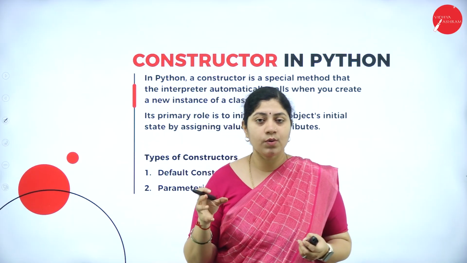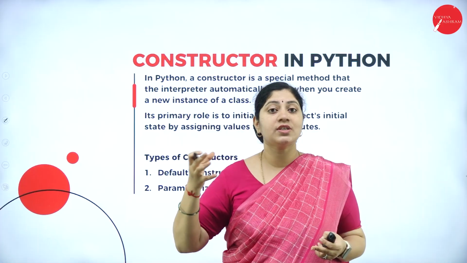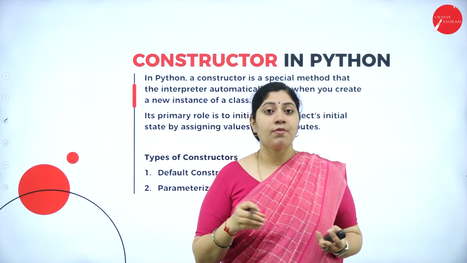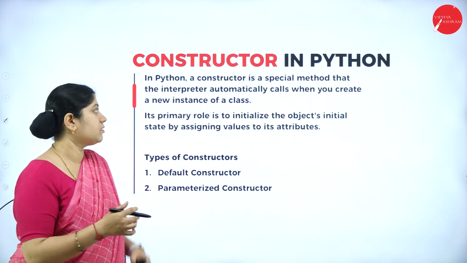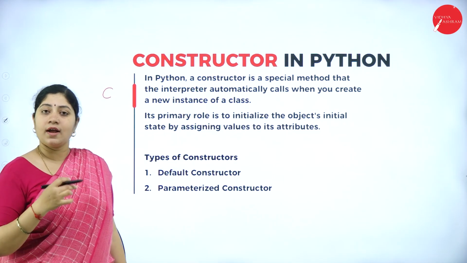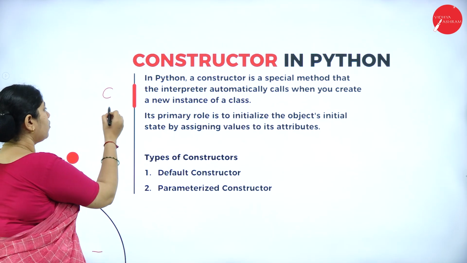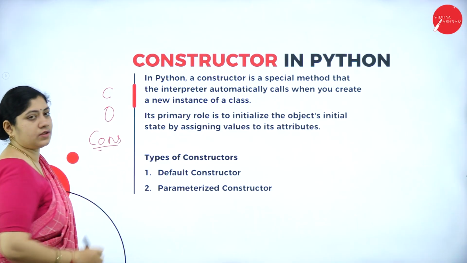The primary goal of the constructor is to initialize the object's initial state by assigning values to its attributes. So don't get confused, this is very simple. We started our learning with a class, followed by object, and now we are moving to constructor, correct?